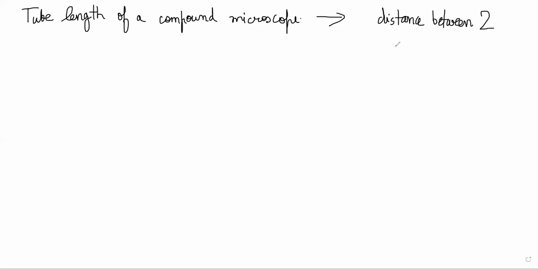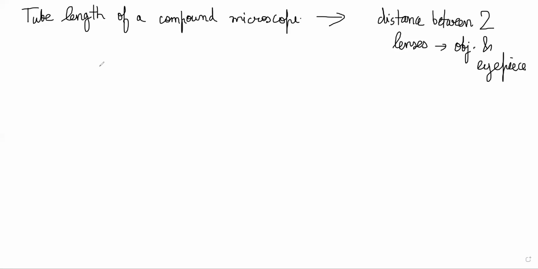Then the next thing is, what is the tube length of a compound microscope? Sometimes such terms can be there in a question. Tube length is basically the distance between the two lenses, objective and eyepiece.